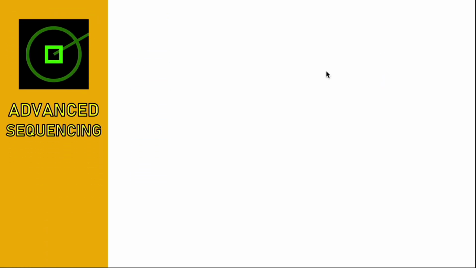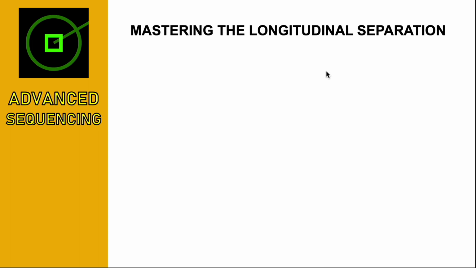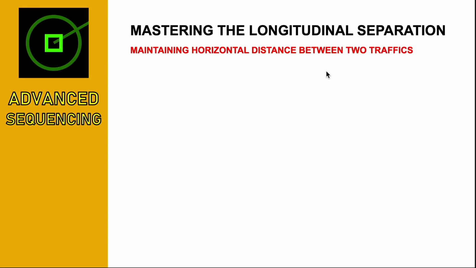Now let's talk about the last topic before the practical part, and it's the advanced sequencing. So advanced sequencing is all about mastering the longitudinal separation. So basically, it's calculating ahead of time what is going to happen in 1 minute, 2 minutes, 3 minutes. In this case, how do you master the horizontal distance between two traffics?